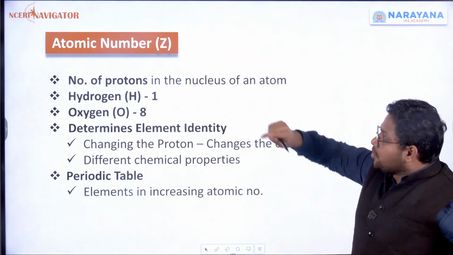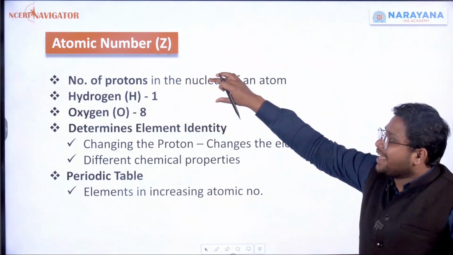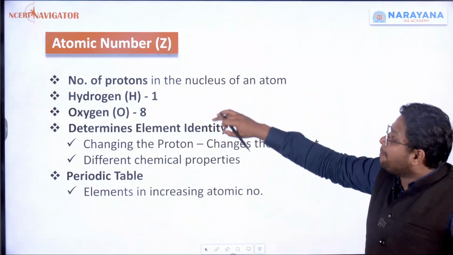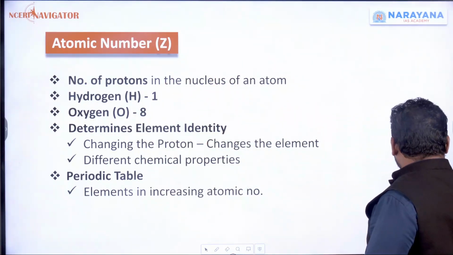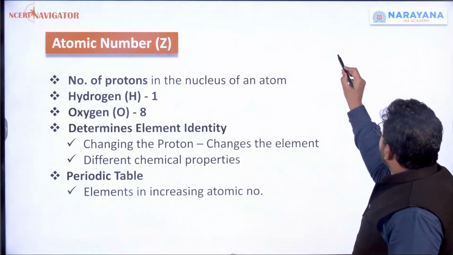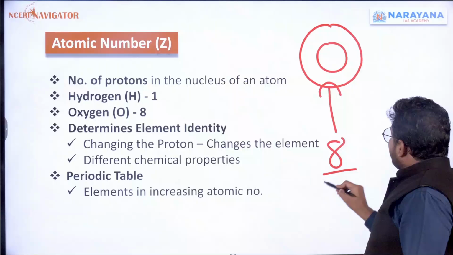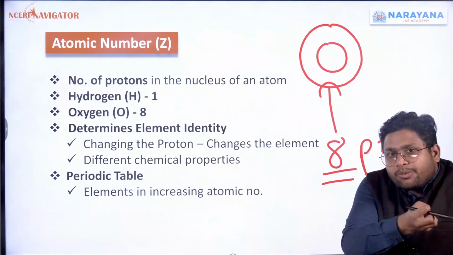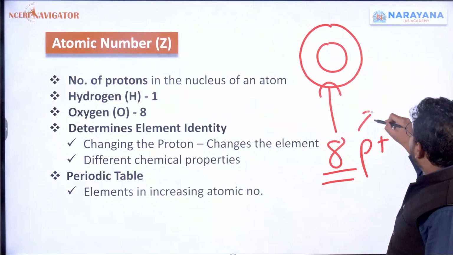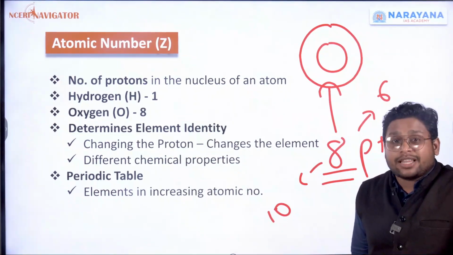So the identity of any particular element is based on the number of protons present in it. Now, you may say, sir, this oxygen has a total of 8 protons. What if I remove some protons? What if I make it 6 protons, or let's say 10 protons? Will it remain oxygen?